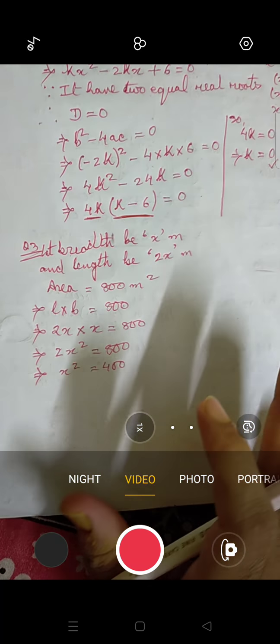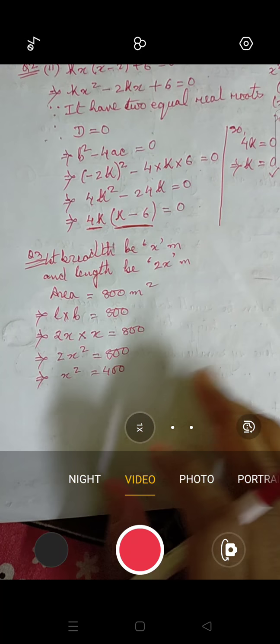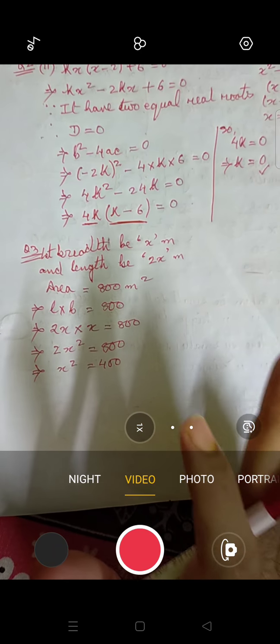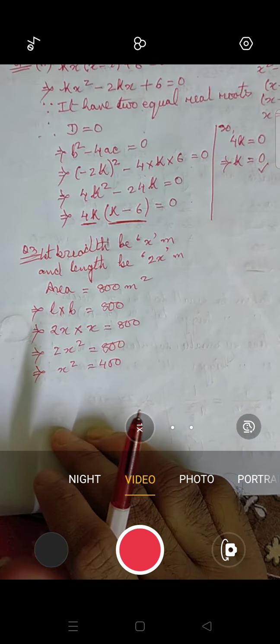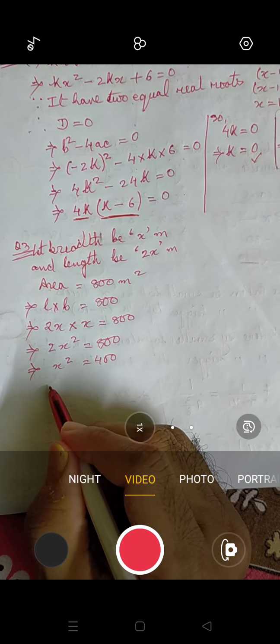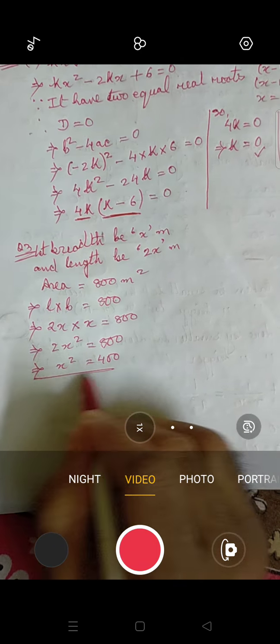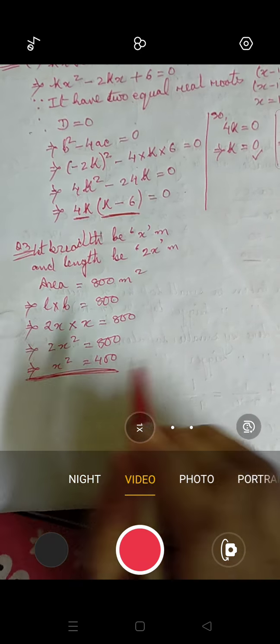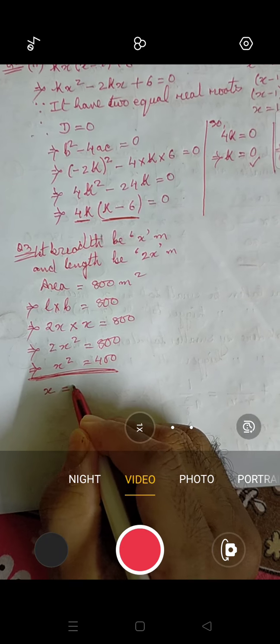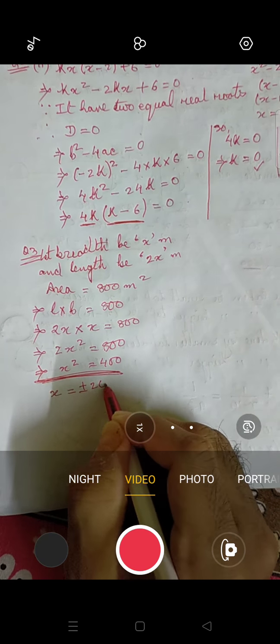Now majority of the students, just check it, don't do this, okay. Majority of the students say after this, don't write after this, this is the last answer. Majority of the students write x is equal to plus minus 20.